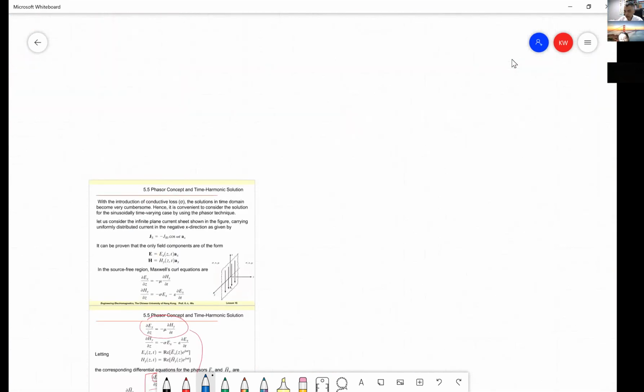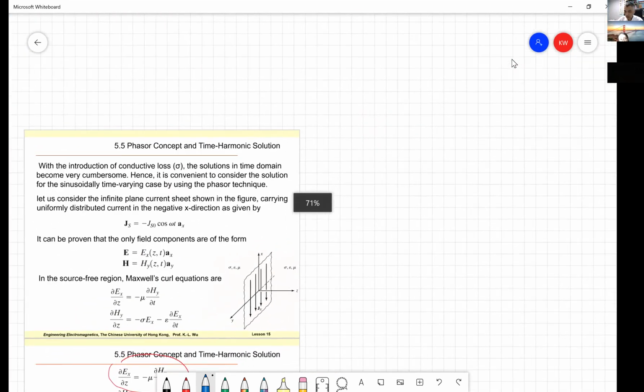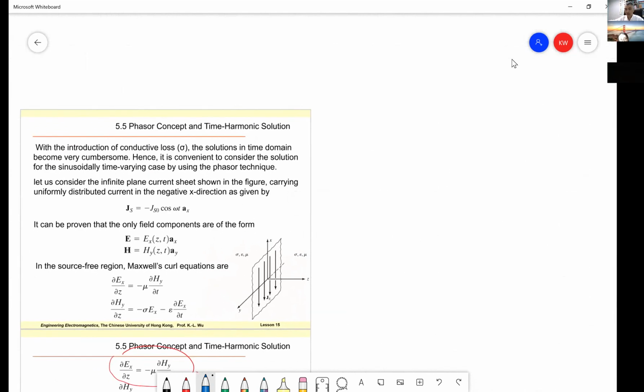Let's recall this. We said we like to launch two plane waves, one propagating in the z direction, one propagating in the minus z direction. Then I said that to support such a wave, we must have this current on an artificial surface, infinitely large.